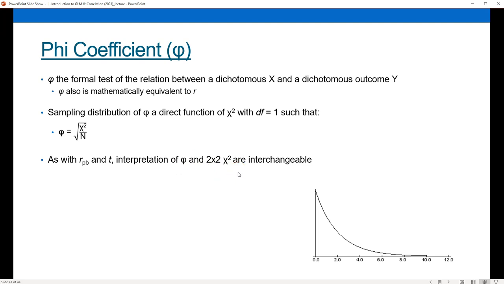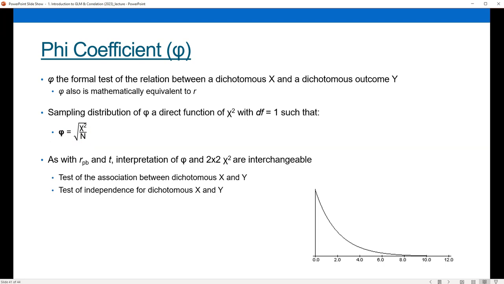Normally if I had a dichotomous X and a dichotomous Y, I might use a chi-square to look at the dependence of those two variables. Or I can just dump it in and calculate a Pearson correlation. Technically it's called a phi coefficient, but basically I can move back and forth between it and the chi-square, again interchangeably, okay?